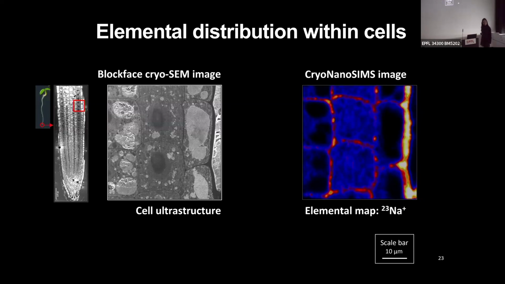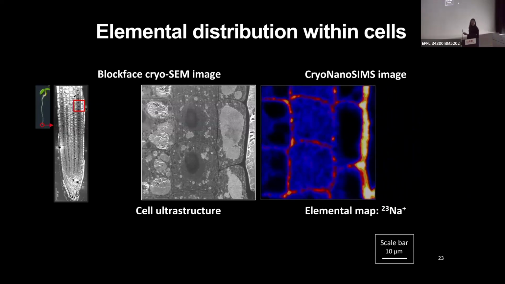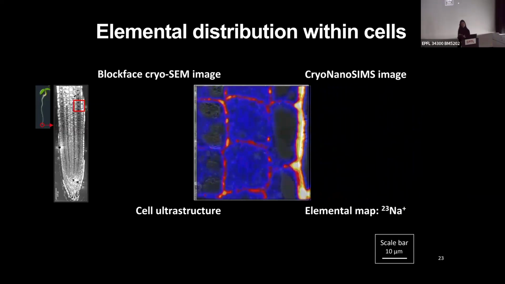And the neat thing with this is that now we can actually overlay these two pieces of information over each other, and we can start to answer questions as to what is it that is actually accumulating in a vacuole, for example. What is accumulating in the cell wall? So in this picture, it's telling us that the sodium is sitting in the cell wall. What does that mean for biology? We can start to answer all these different questions.